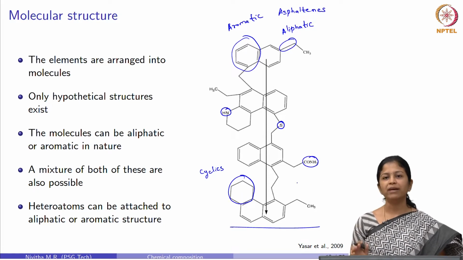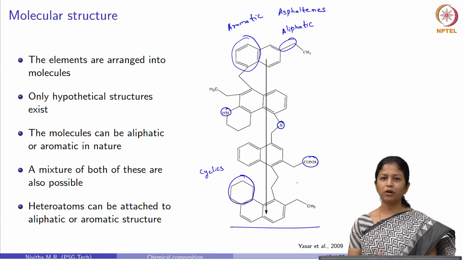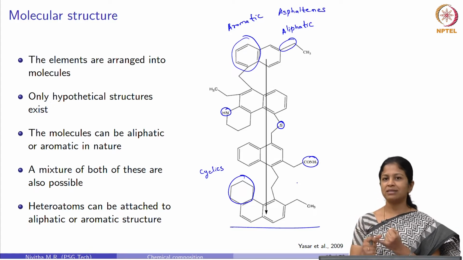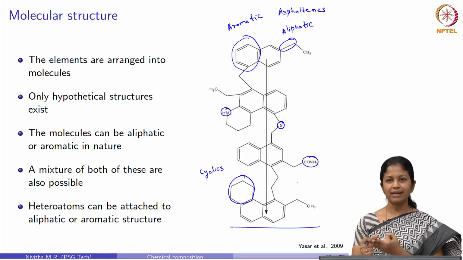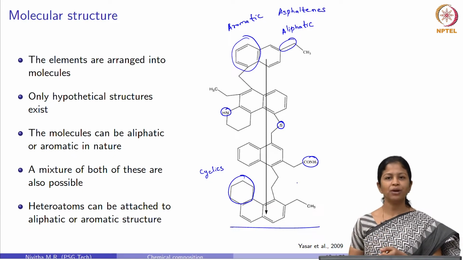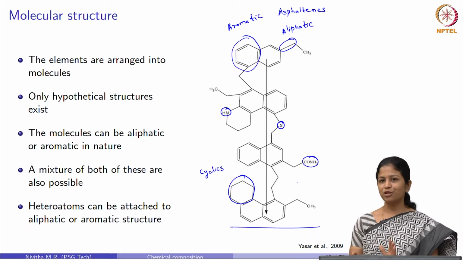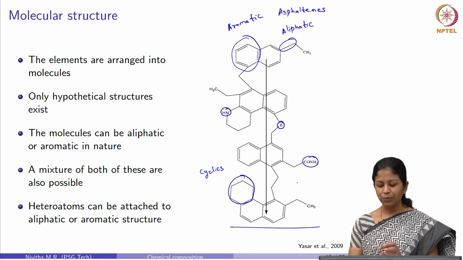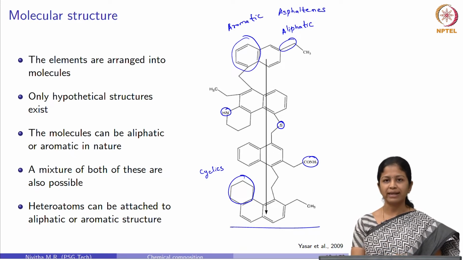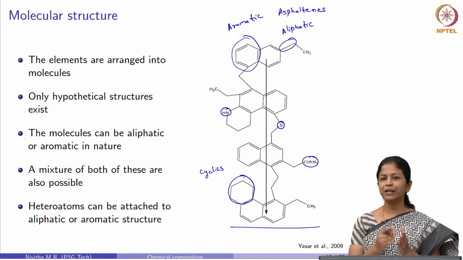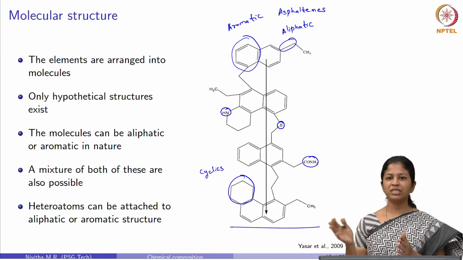So, they also have heteroatoms. This asphaltene molecule has aliphatics, aromatics, cyclics and heteroatoms attached to each of them. Again, this is only a hypothesis, and where a particular heteroatom is attached and in what form it is present all have significant influence on its physical properties.